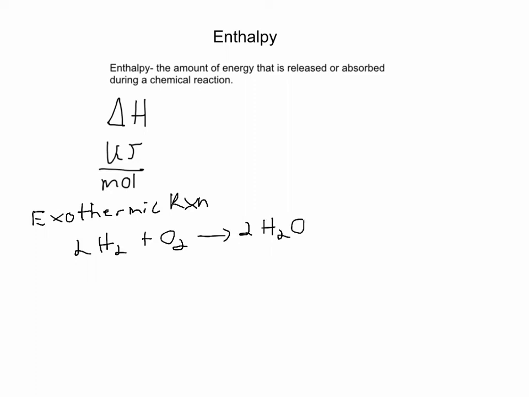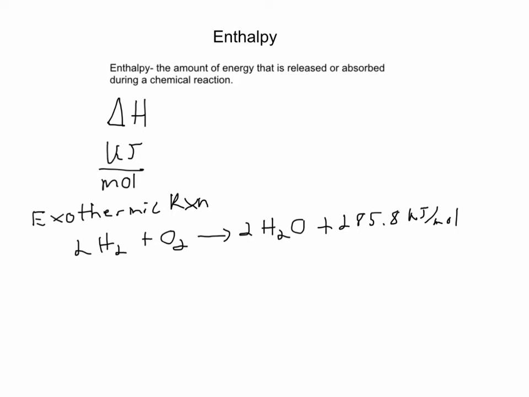The amount of energy released when 2 moles of hydrogen and 1 mole of oxygen react to give 2 moles of water is 285.8 kilojoules per mole. So the first way we can represent this in an exothermic reaction is our energy that's released is a product. So energy comes out of this reaction.